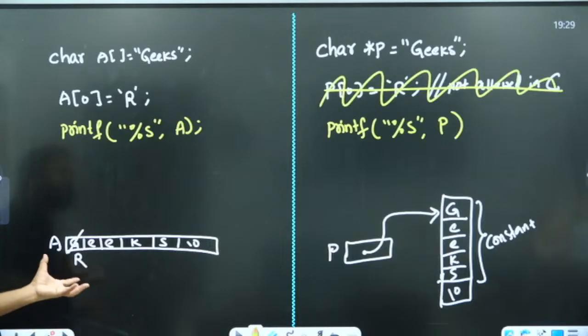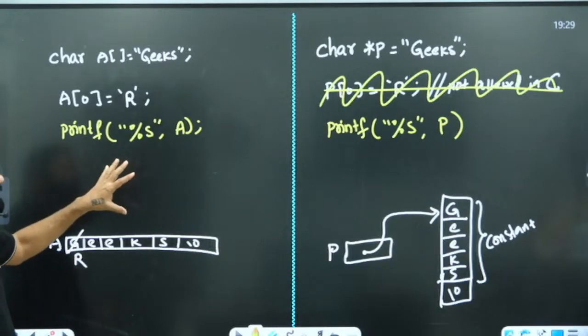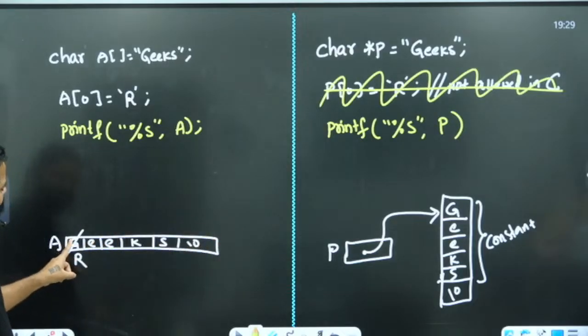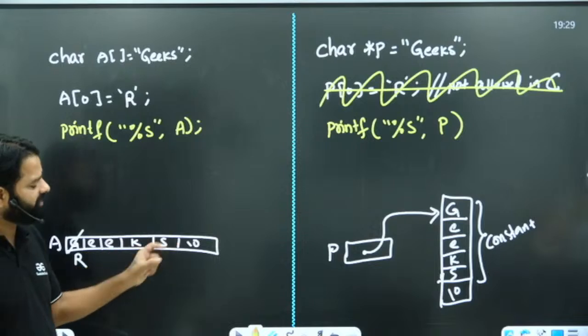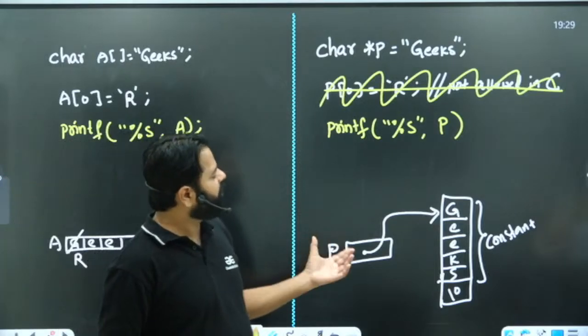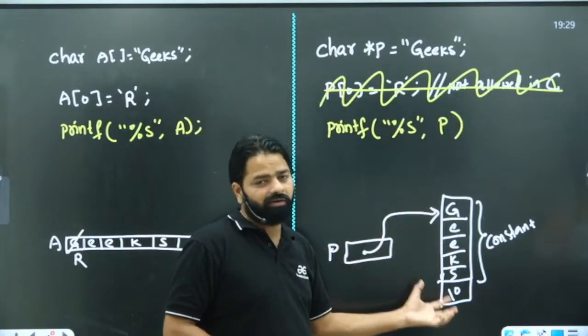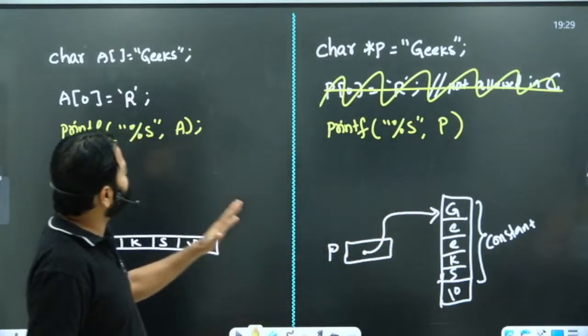You can also try printing size of a, which will give you the whole size. If every character is 1 byte, 1 2 3 4 5 6 bytes are allotted. But when you ask size of p, it will only give the address size because it stores an address, not a string. That's the main difference between these two.